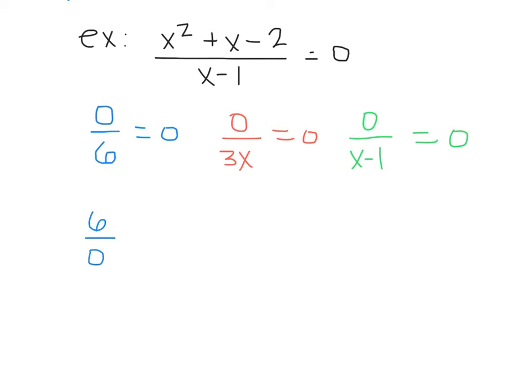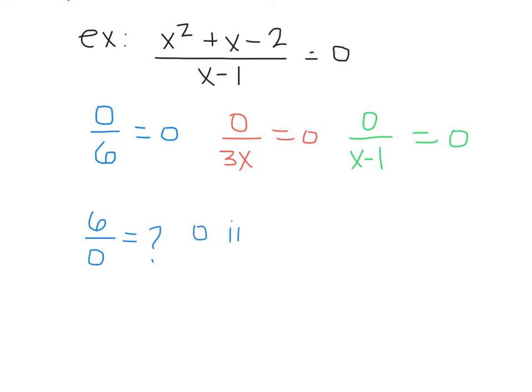Okay, well, we cannot divide by 0 because there is nothing that we can multiply 0 by to get back to that 6. So when we have 0 in the denominator, we say that it is undefined.